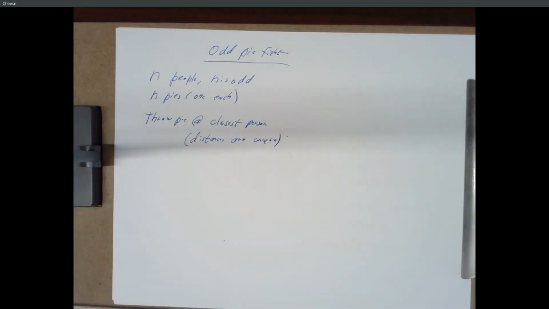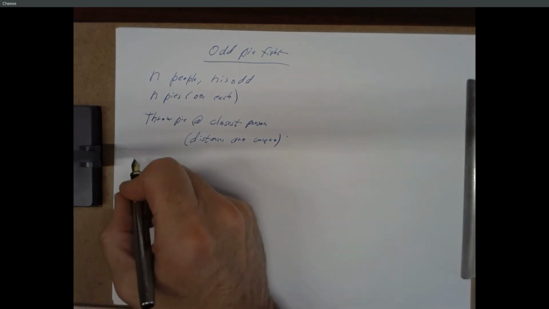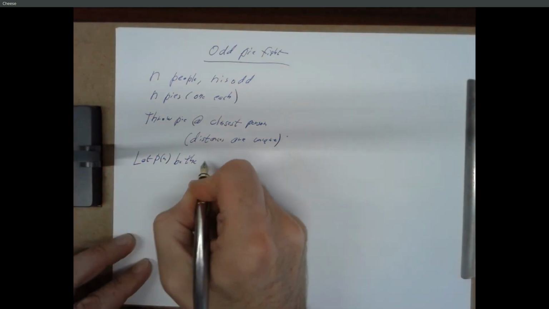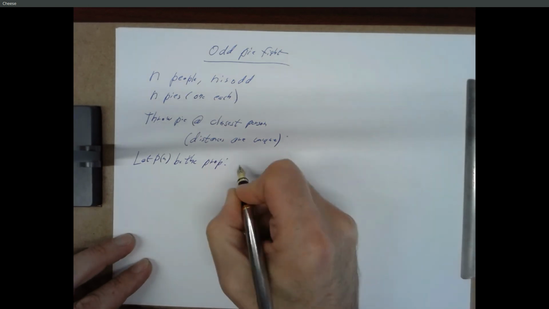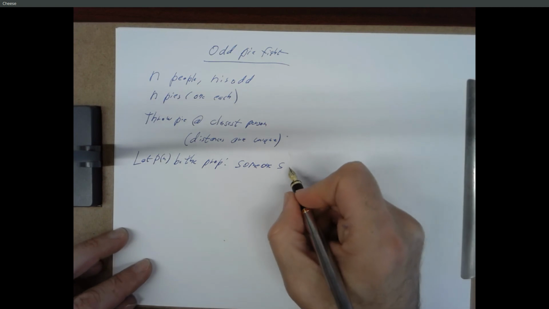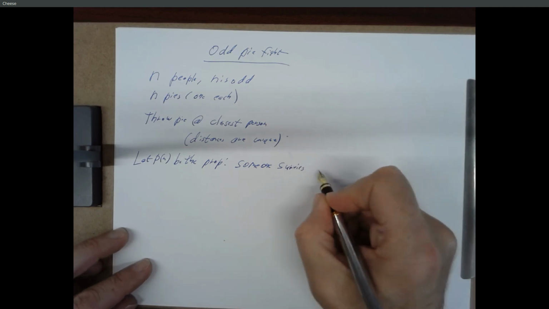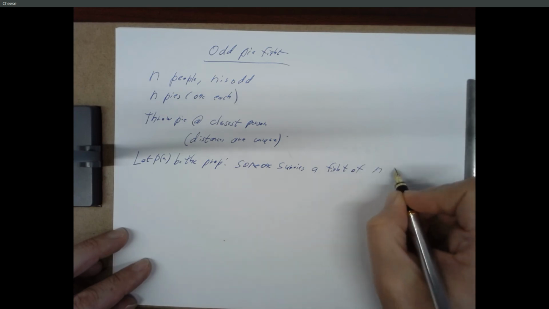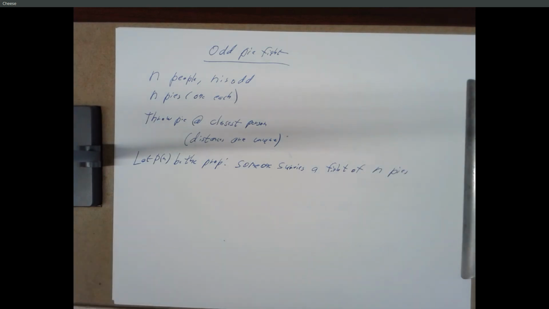And the theorem is, in such a fight, there is always at least one survivor. There's always one person who does not get hit with a pie. So P of n is the proposition that someone survives a fight of n pies, n people.